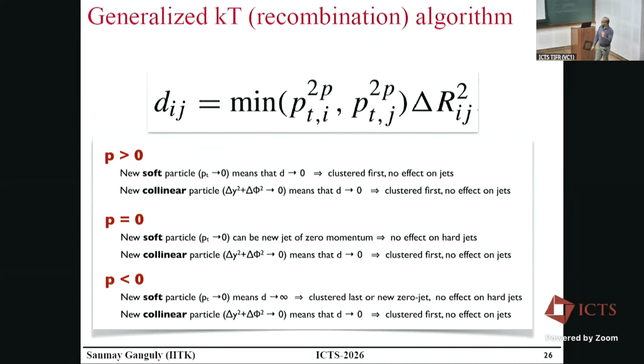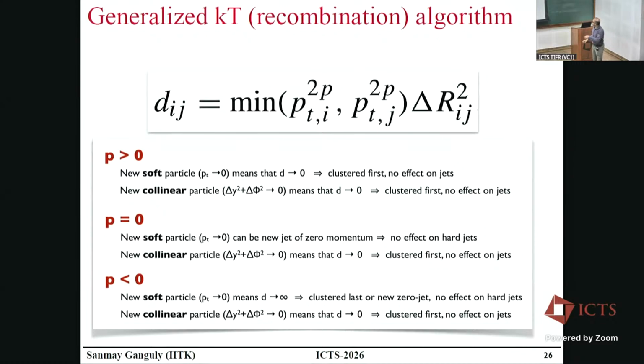What happens in a different way is for anti-kT, where p is -1, if you add a soft particle, it actually is left out of this collection. So that's how the original set still remains invariant under the addition of one extra soft and collinear particle.